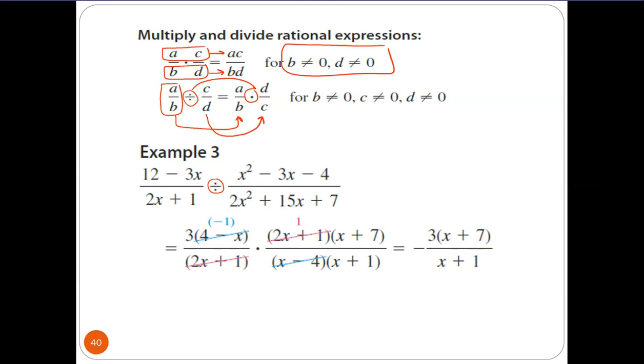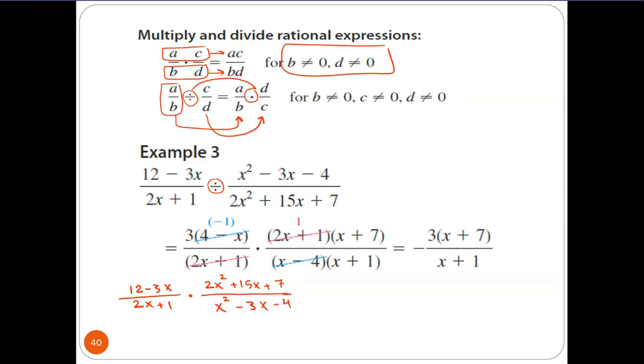Notice here we have division, so the first I leave as it is, and the second I flip. Okay, so the first is 12 minus 3x over 2x plus 1, multiplied by another fraction, converting the division to product. So put the denominator as numerator, 2x squared plus 15x plus 7 in the numerator and the numerator as denominator.